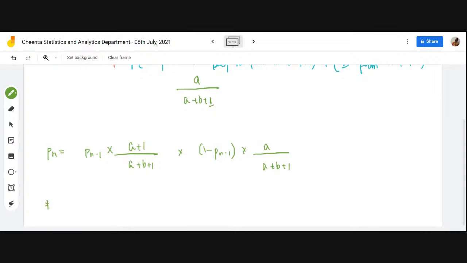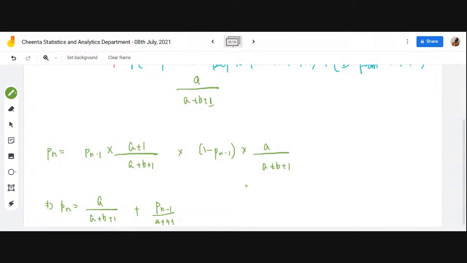So you will get that Pn is equal to A by A plus B plus 1 plus Pn minus 1 by A plus B plus 1.